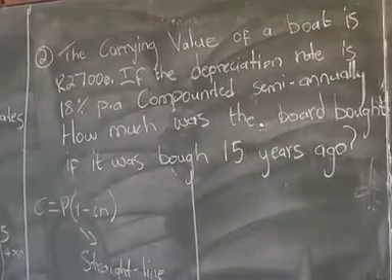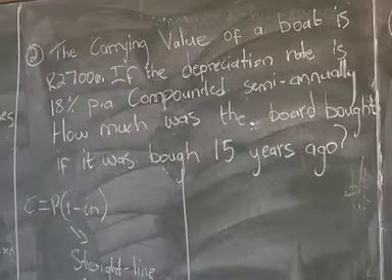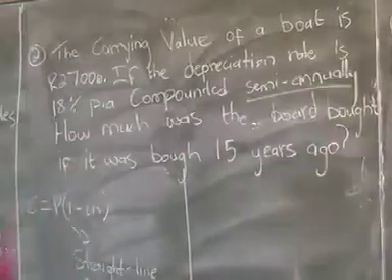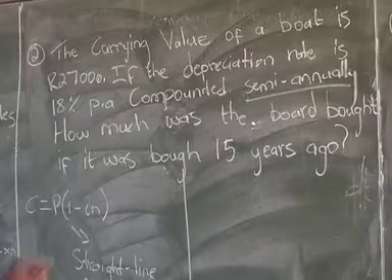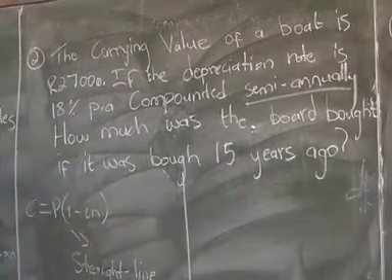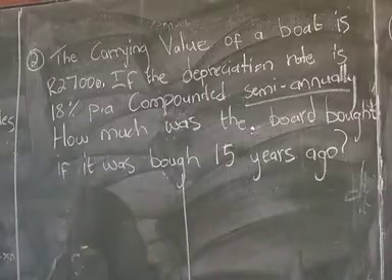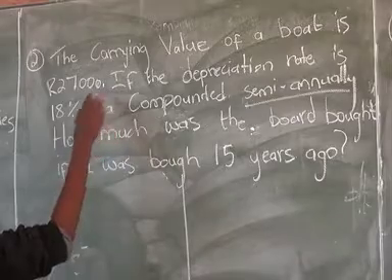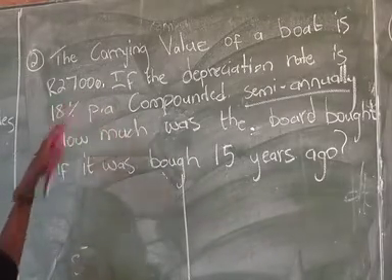If the depreciation rate is 18% per annum, compounded semi-annually, note this, semi-annually, how much was the boat bought for if it was bought 15 years ago? So the question is, calculate the cost price if you know the carrying value after 15 years, which is 27,000.